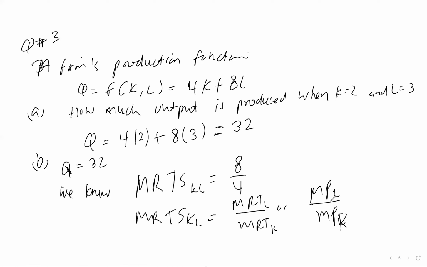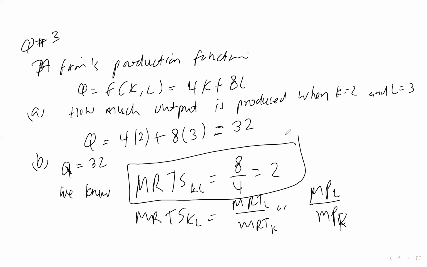So from here, 8 over 4, that is 2. So this means that the company can trade 2 units of capital for every 1 unit of labor.